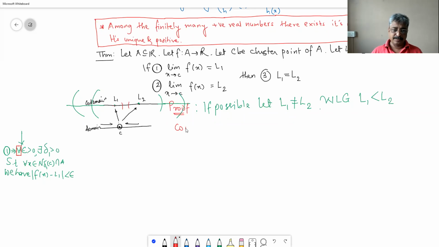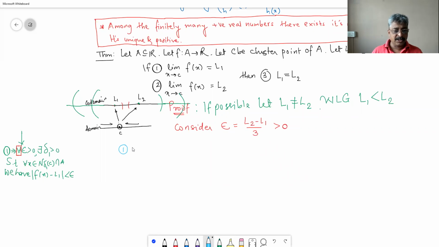So consider epsilon equal to L2 minus L1 upon 3. Is this quantity going to be greater than 0? Yes, epsilon is greater than 0.